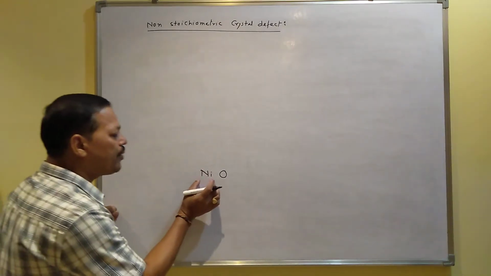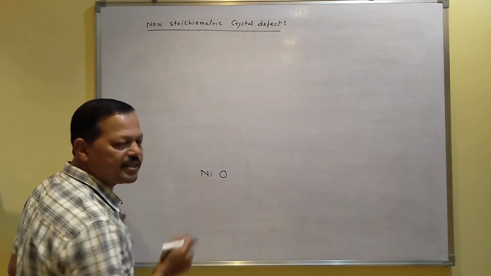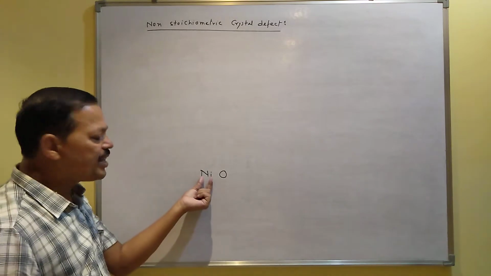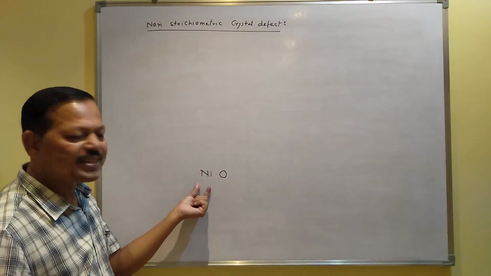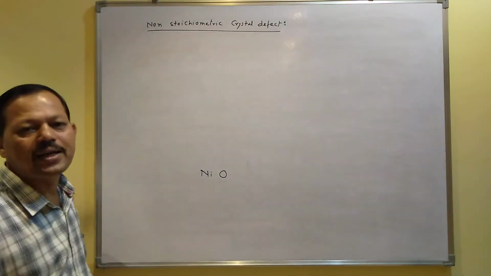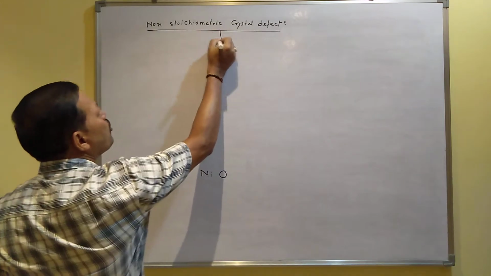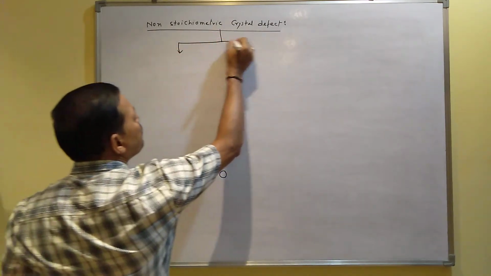So maybe cations are in excess or maybe anions are in excess. If cations are in excess, then it is called metal excess defect, and if anions are in excess, then it is called metal deficiency defect. So there are two types of non-stoichiometric crystal defect.